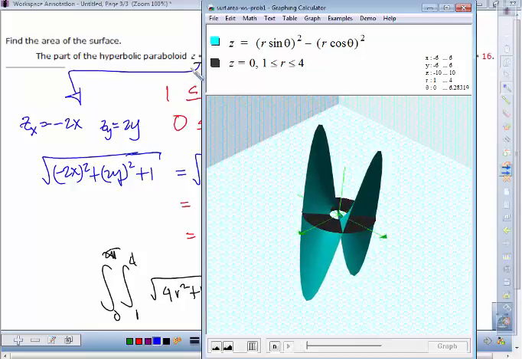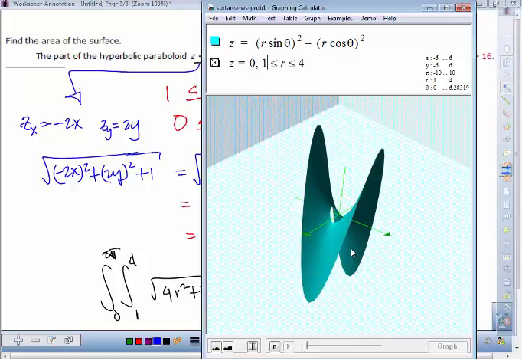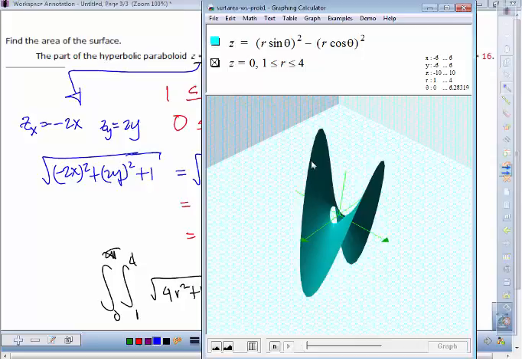So that's the surface that we're looking for. Pretty cool, huh?